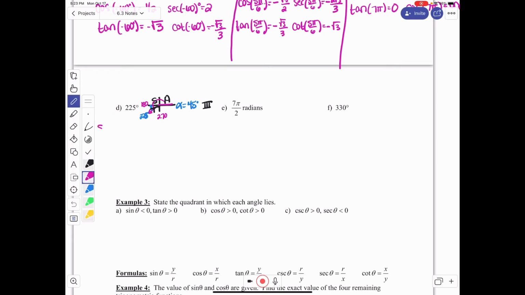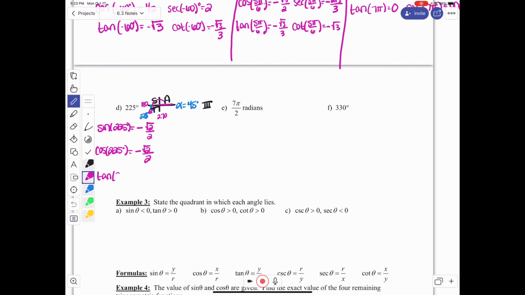So sine of 225, I know this is going to be a negative, but I'm going to look up the sine of 45, square root of 2 over 2. Cosine of 225, again, I know this is going to be a negative. I look up the cosine of 45, square root of 2 over 2.